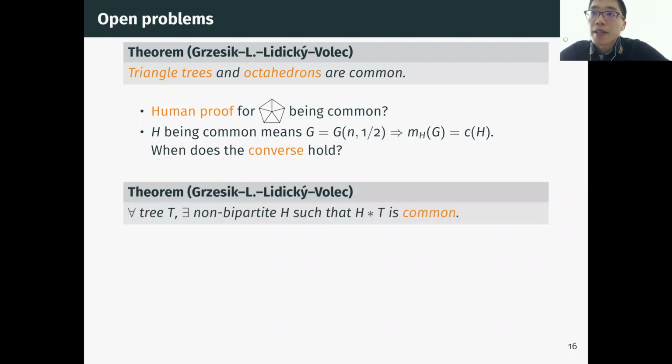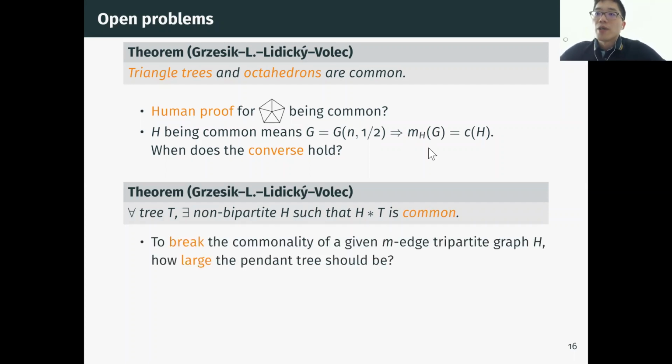And for the second or third theorem of ours, here's a question. So we do know that for some non-bipartite graphs, especially for some triangle trees, a pendant tree can be accommodated. Okay, and on the other hand, we do know that the tree cannot be too large.